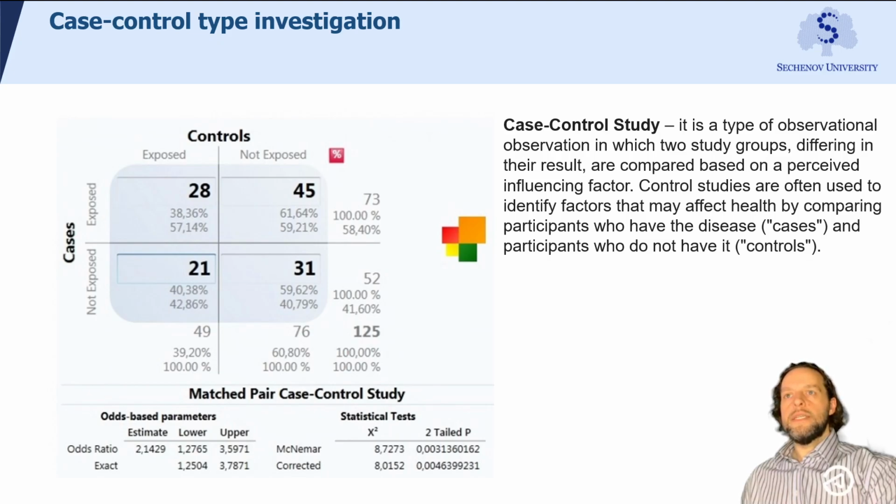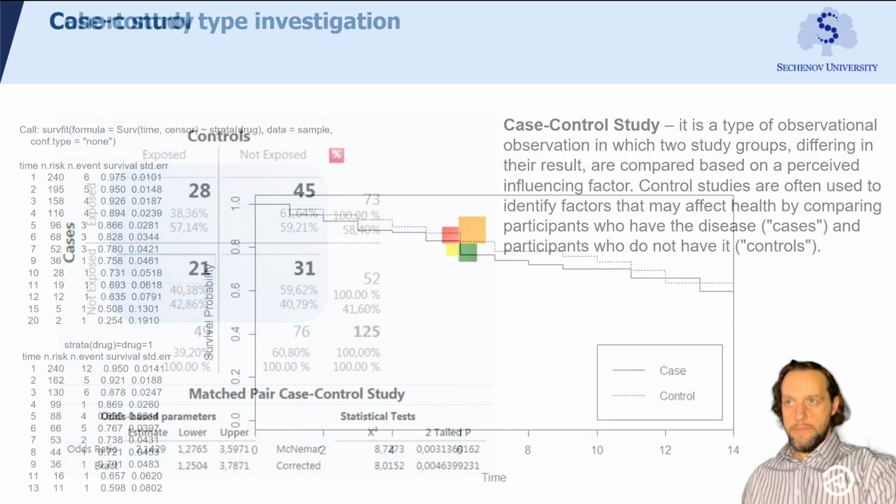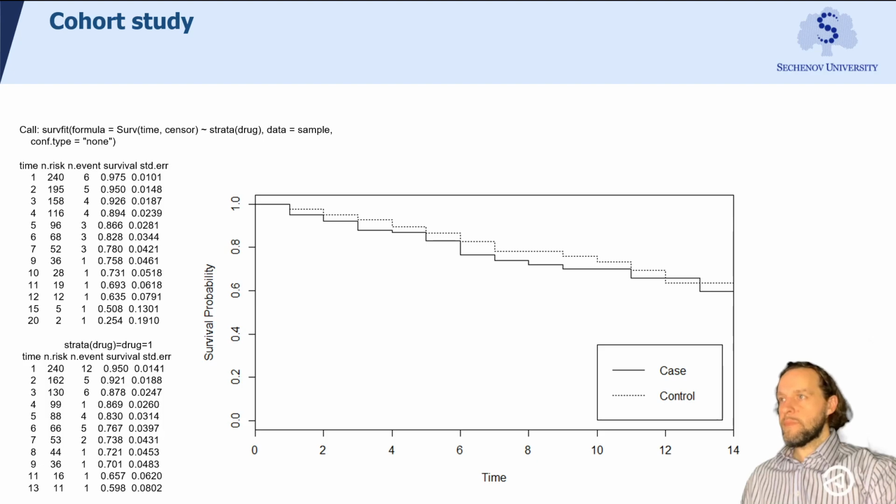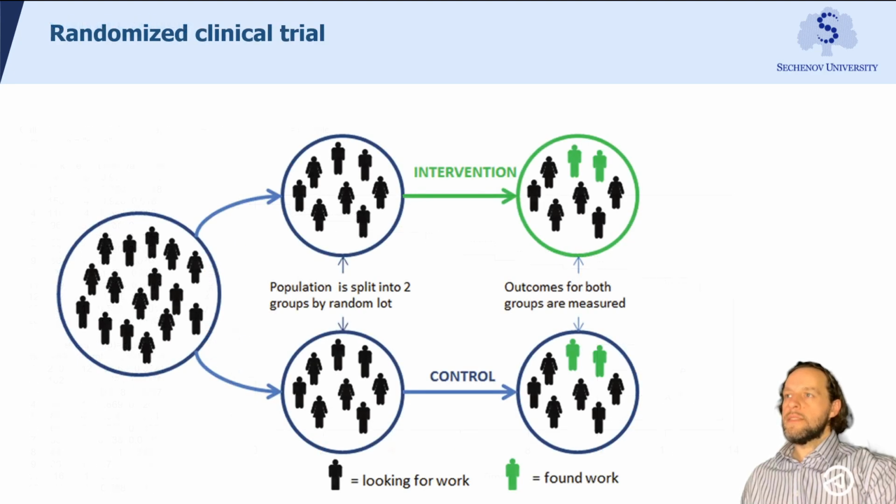In a case control study, we analyze two groups of data based on some factor, and we're trying to find differences between these two groups and correlations in data deviation. Cohort studies are being used to analyze multiple cases and provide a summation of results in this group of cases.